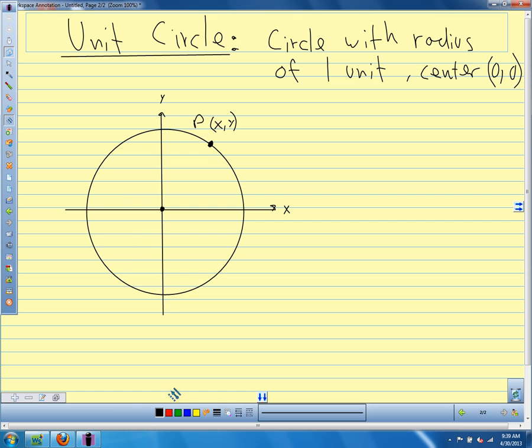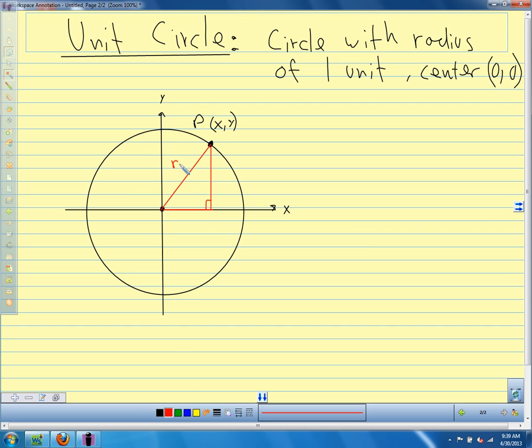And we've done this a few times, we're going to draw a triangle here, like so, and like so. Well, this is a right triangle.